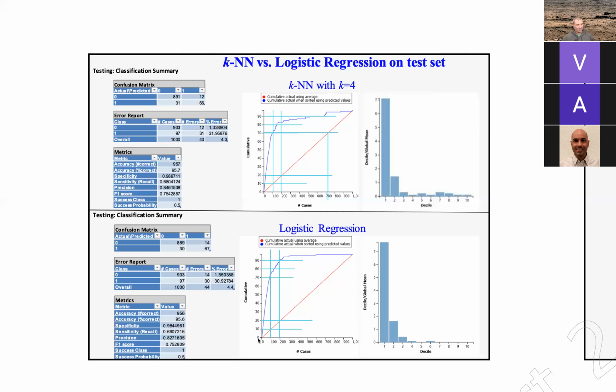And so the y-axis is the cumulative probability, not cumulative probability, but the cumulative actual when sorted using predicted values.